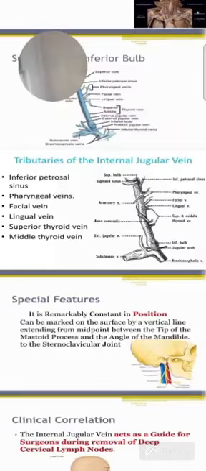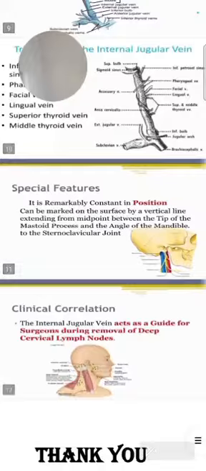And one more special feature, this can be marked on the surface. The surface mark is a vertical line that extends from the midpoint between the tip of the mastoid process and the angle of the mandible. You can draw an imaginary line and take a midpoint from there to the sternoclavicular joint.